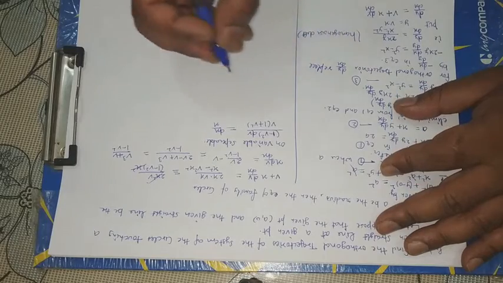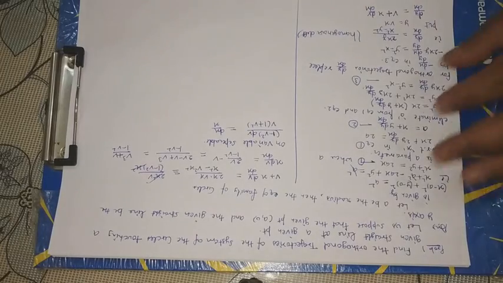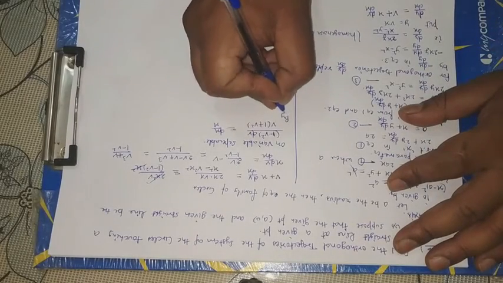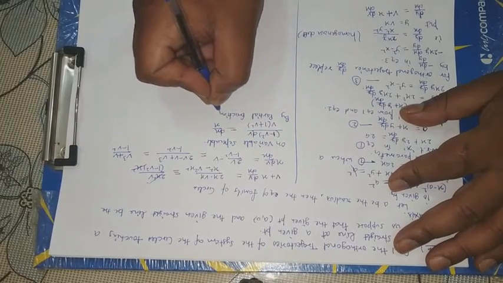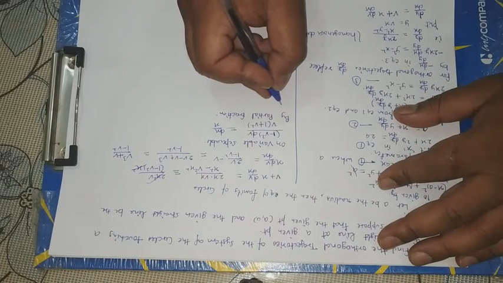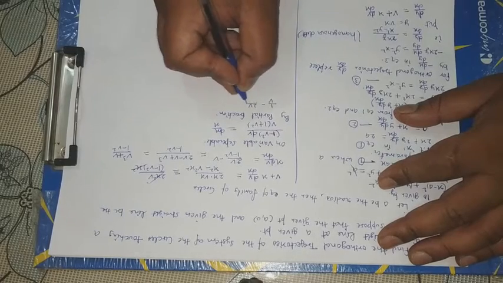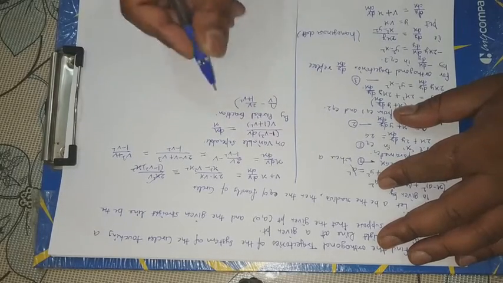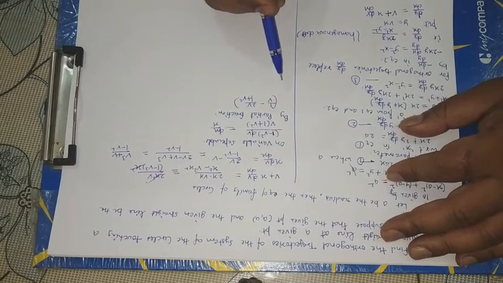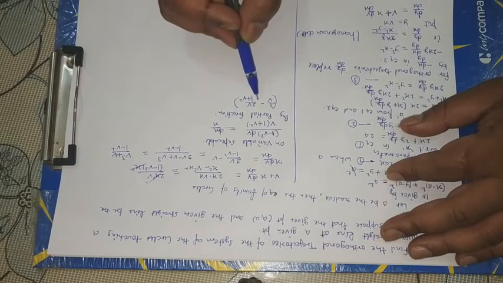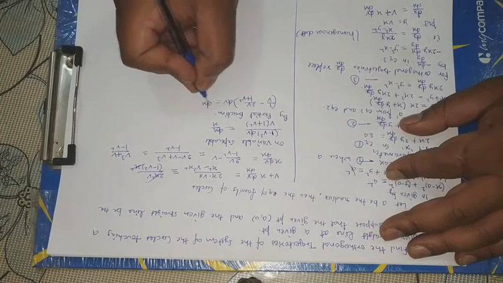Now by partial fraction, the partial fraction of (1 minus v square) upon v into (1 plus v square) is 1 upon v minus 2v upon (1 plus v square), dv equal to dx upon x.